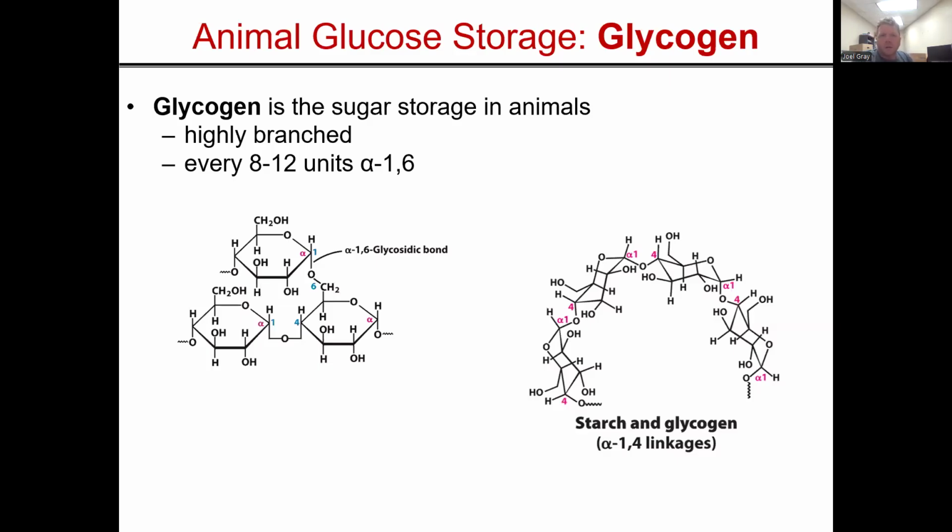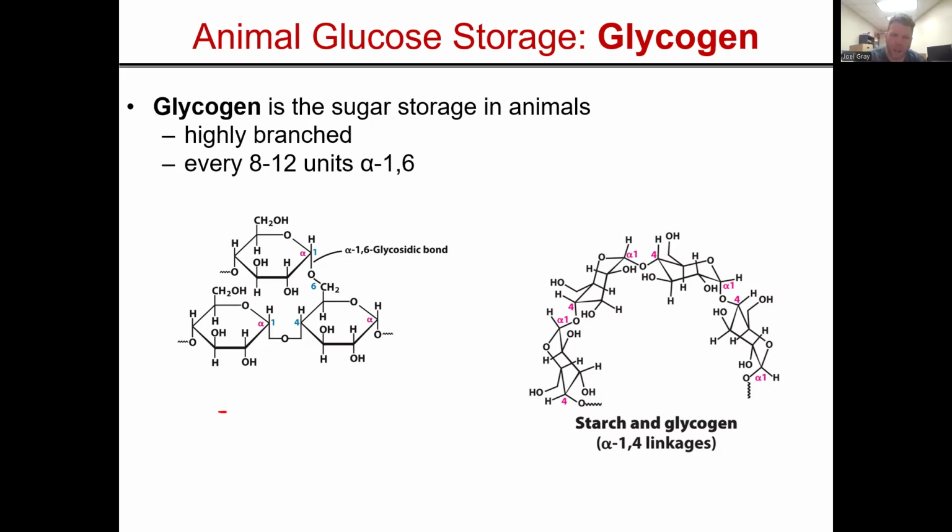So here is our more detailed look at glycogen. Glycogen is a sugar store in animals. It's highly branched. What do we say about glycogen and amylopectin when we looked at them previously? Well, we said that glycogen branches more frequently, and it does. When we were looking at those pictures, we did see that glycogen did branch more frequently than amylopectin.